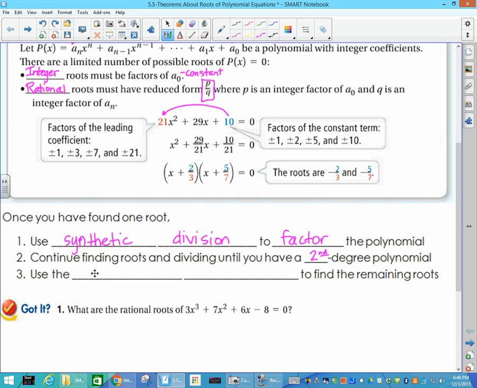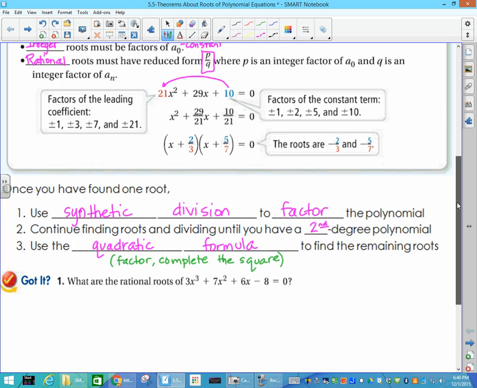Then you can use the quadratic formula to find the remaining roots, which is probably what most of you want to use. You can also, of course, factor, and if you can factor and know how to, that's going to be much faster, or you can complete the square. Those are most likely going to be the ones that we would see most often.